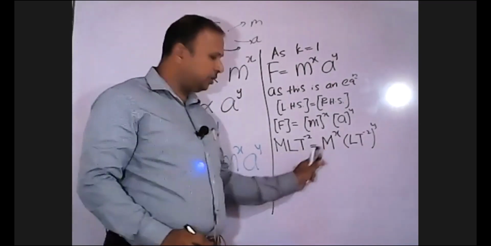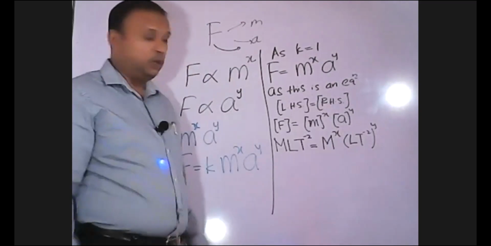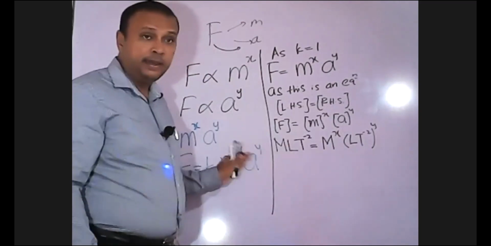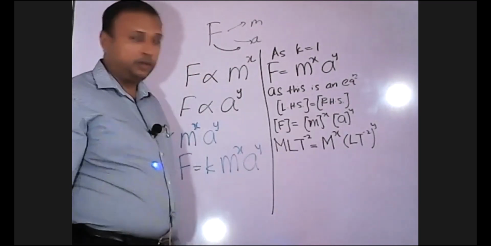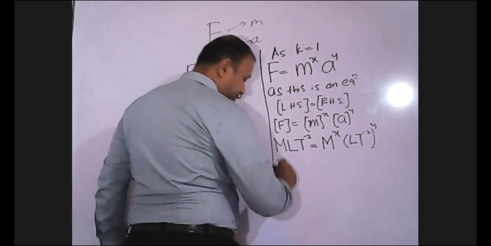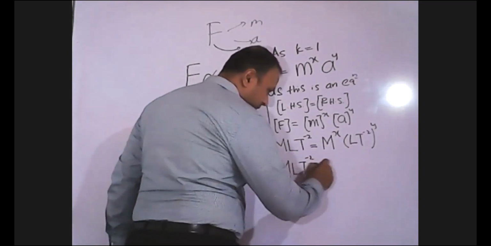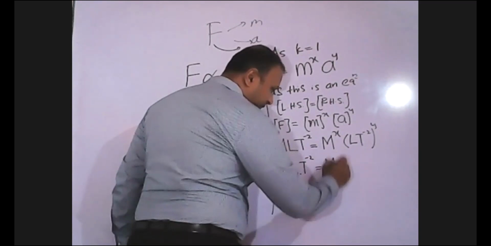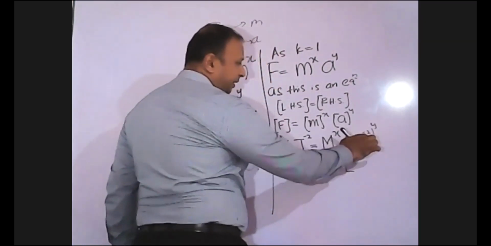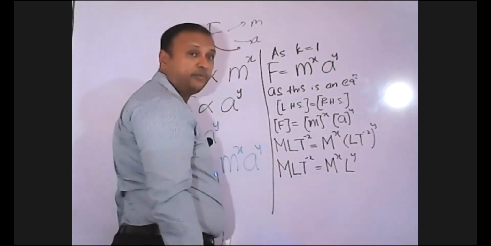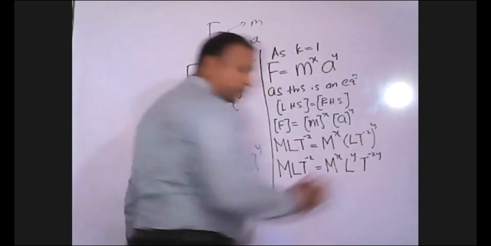After you apply the dimension of each physical quantity, you have to simplify this and write in M, L, and T only. M L T minus 2 is equal to M to the power x, L to the power y, T to the power minus 2y.